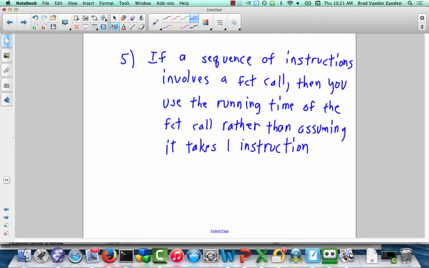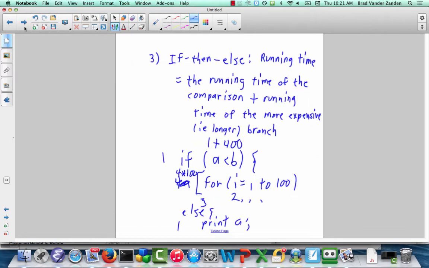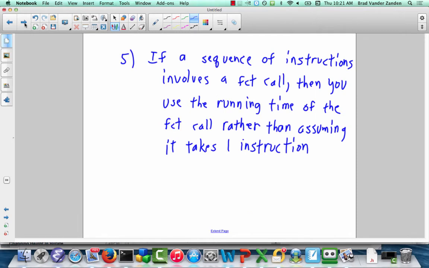Now, I remember back here was cout or print. In both cases, I explicitly made the assumption that cout takes one instruction. Well, that's probably not really true, but I do know that cout takes a constant amount of time, so that's good enough. If we know that a function takes a constant amount of time, we typically would just replace it with a constant c. But sometimes that function is doing something.